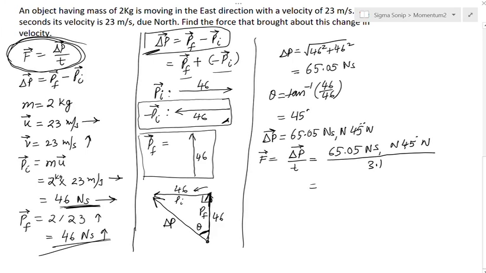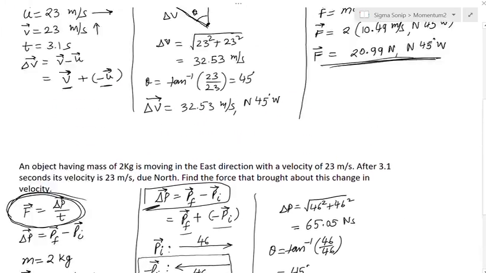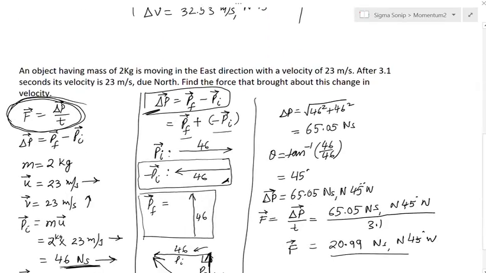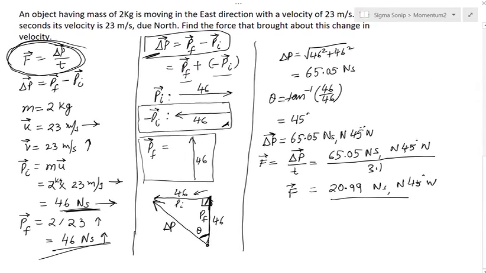And just plug in the calculator and you get your answer, 20.99 Newton, north 45 degree west. So again, we see that the answer is the same. Obviously it has to be the same. In the previous case also, when we used F equals ma, we found the same value of force, and we used a different approach. We used the concept of change in momentum, and we found the force here as well.